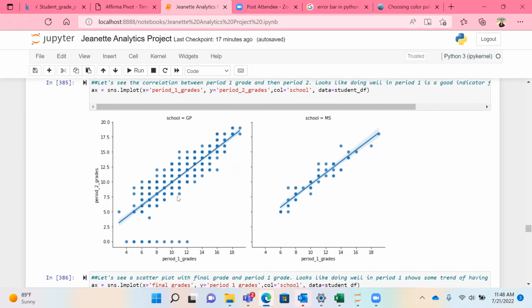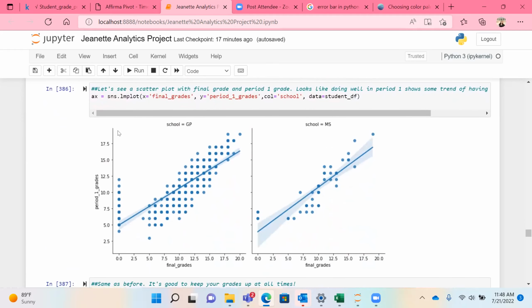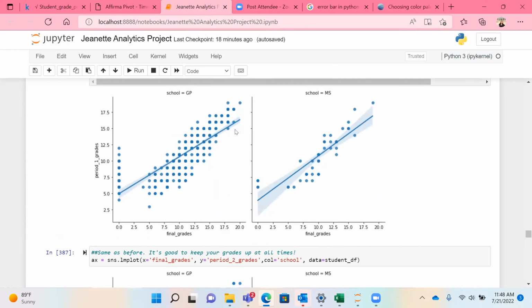But between this, I saw that if you do well in period 1, you are likely going to also do well in period 2. Again, I broke that down and compared period 1 and the final grade that they received. This one wasn't so much straight up and down, but it did still show that doing well in period 1 is not a bad thing for your final grade.